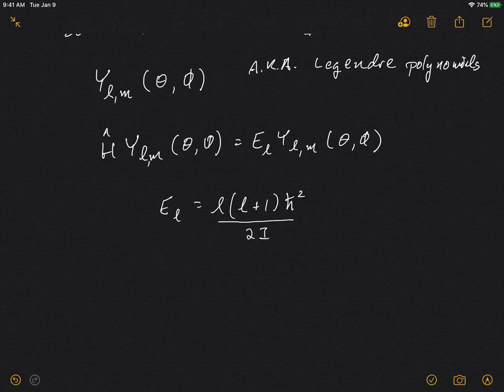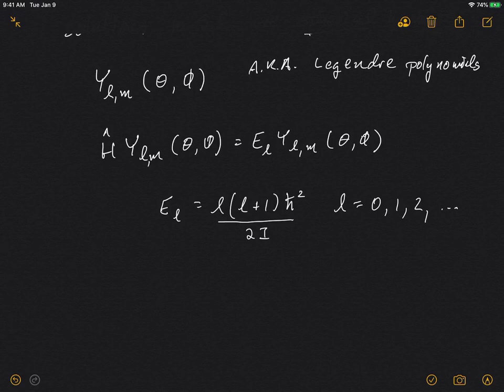And the other important thing is that L is a quantum number, and we use this script L, and it actually starts at 0. It's an integer that starts at 0. So those are the allowed values of L, the angular momentum quantum number.